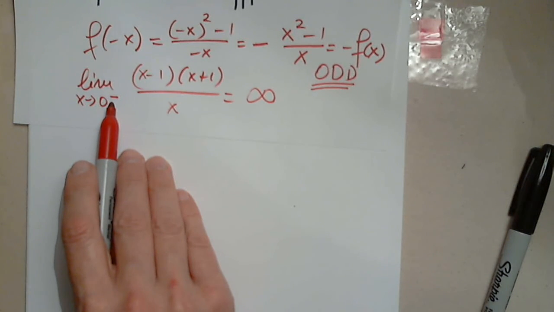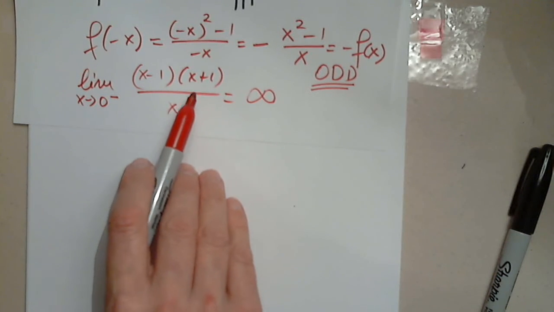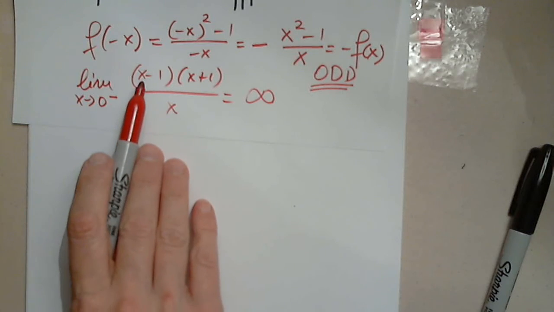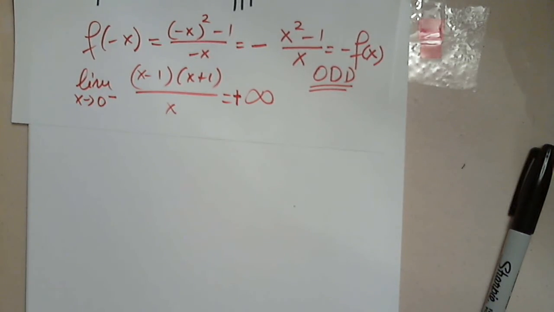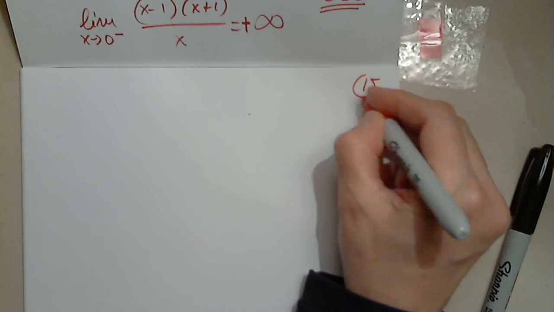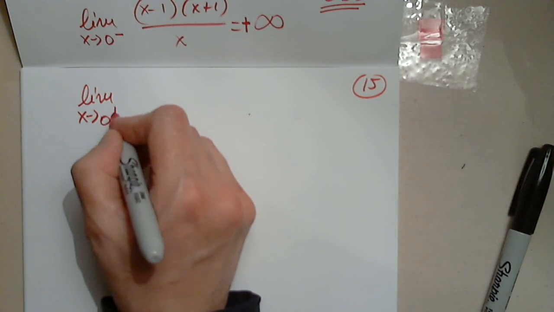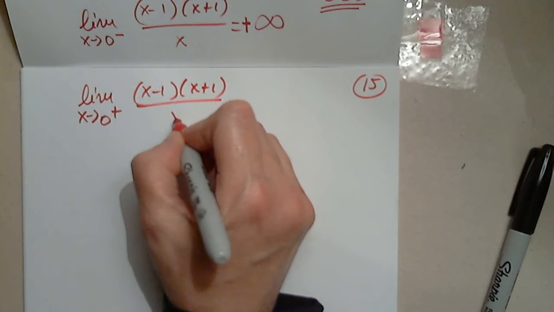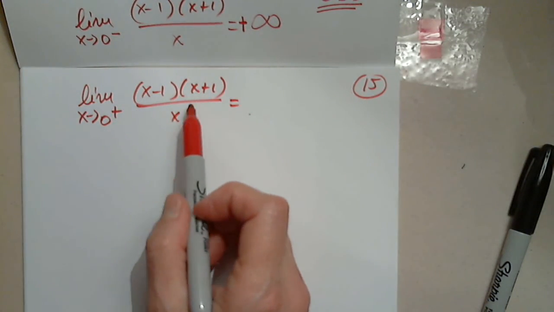So 0 from the left, negative, positive, negative. 0 from the right, negative, positive, positive.